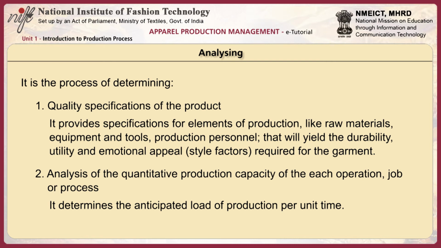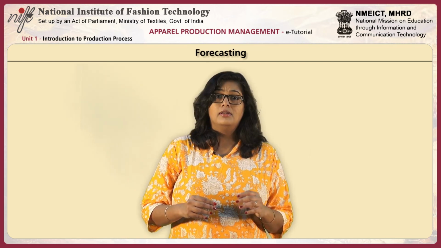The second point being quantitative production capacity of each operation or job or process is analyzed. It determines the anticipated load of production per unit time. The second production control process would be forecasting.